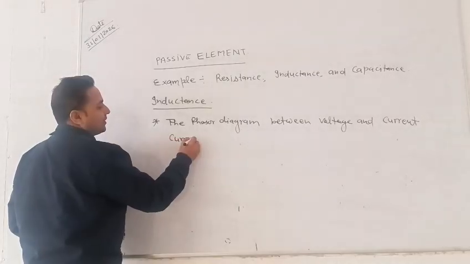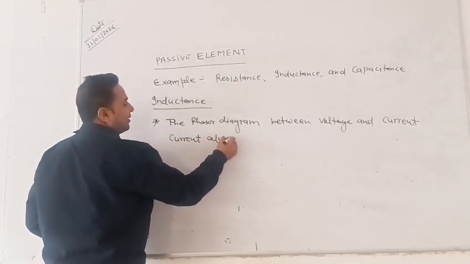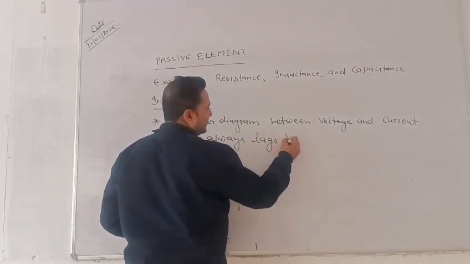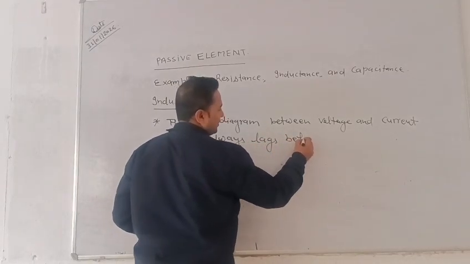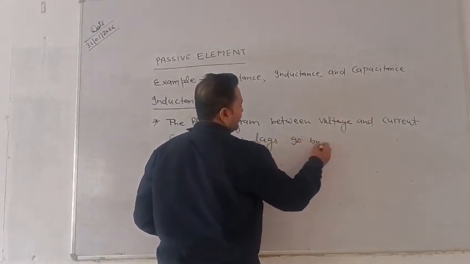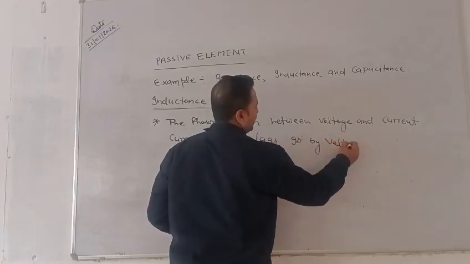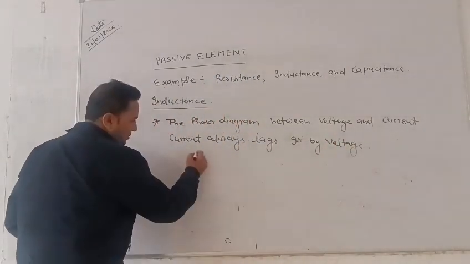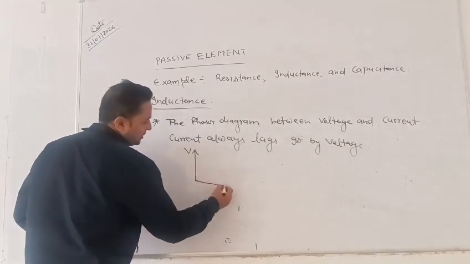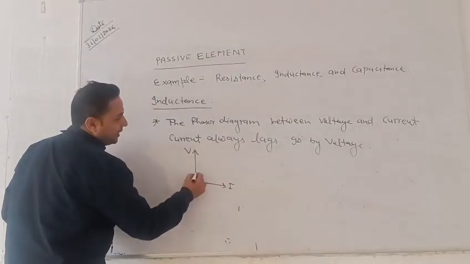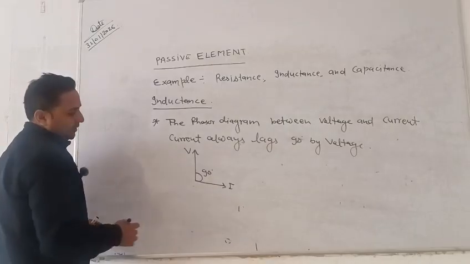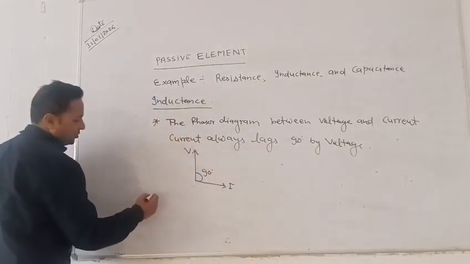Current always lags behind the voltage by 90 degrees. This is the voltage, and current lags 90 degrees behind the voltage.